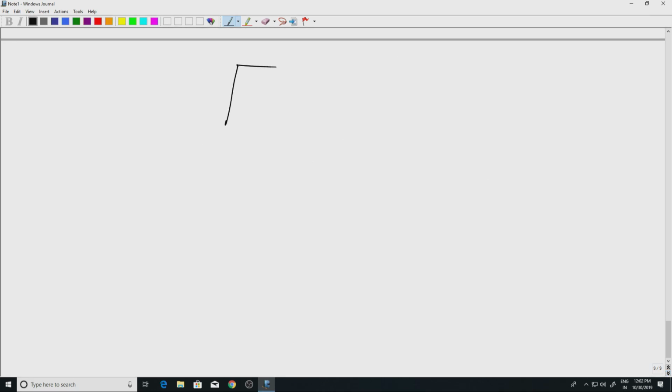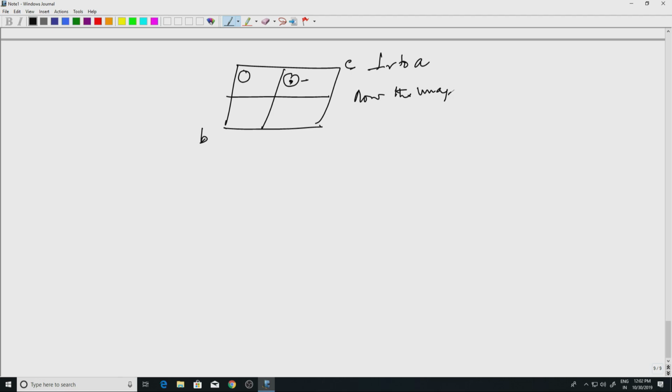Again we repeat. Now the image, that is 2, has moved by half unit in the C axis.